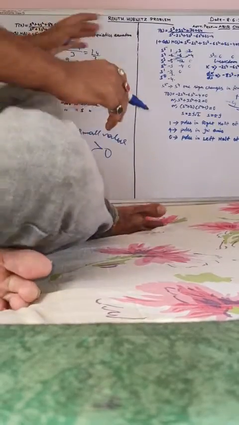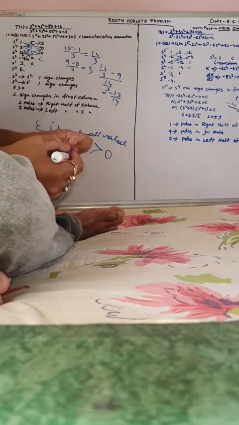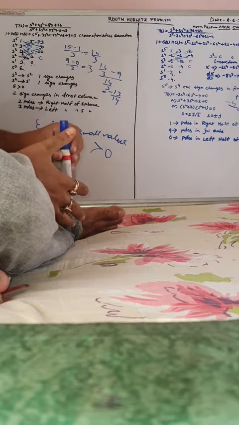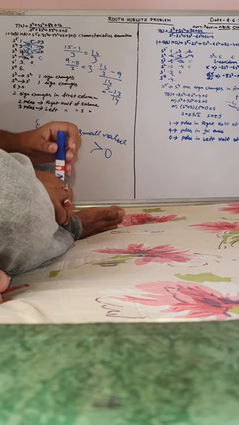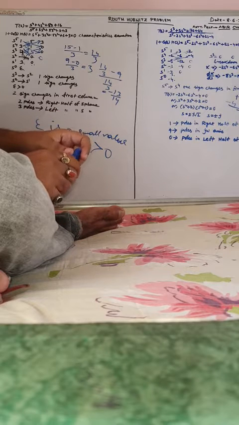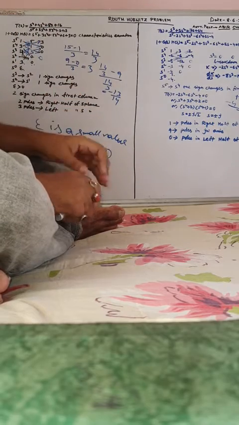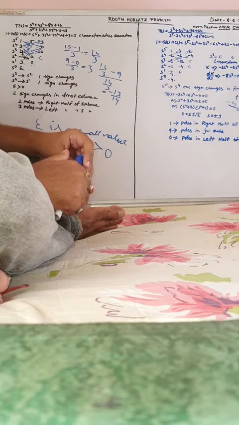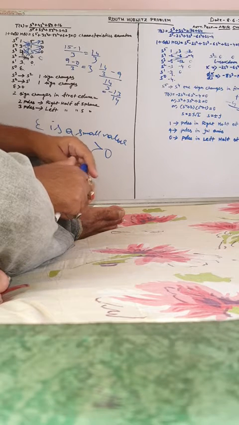So this is an unstable system, because the Routh criterion says that if there is any sign change in the first column of the table, exactly the same number of poles will lie in the right half of the S plane. So the system will become unstable.